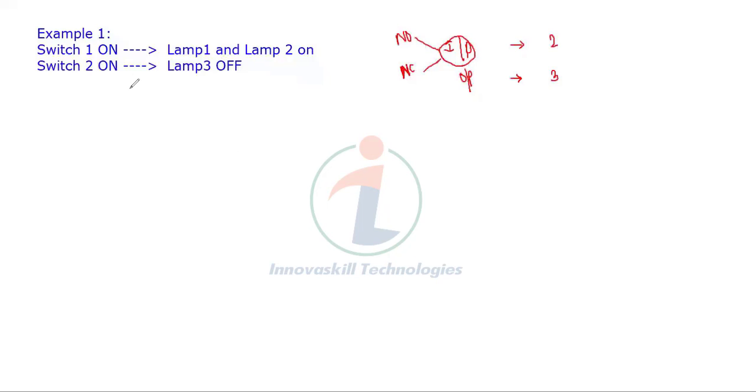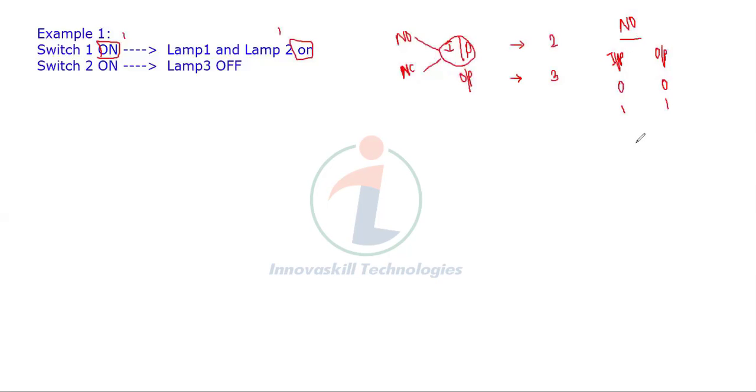So how to decide that? We have to check the condition. The condition here is, if the switch is on, both the lamps are on. That is, if input is activated, outputs are also activated. For NO we have two conditions: if input is off, output will be off; if input is activated, output will be activated.